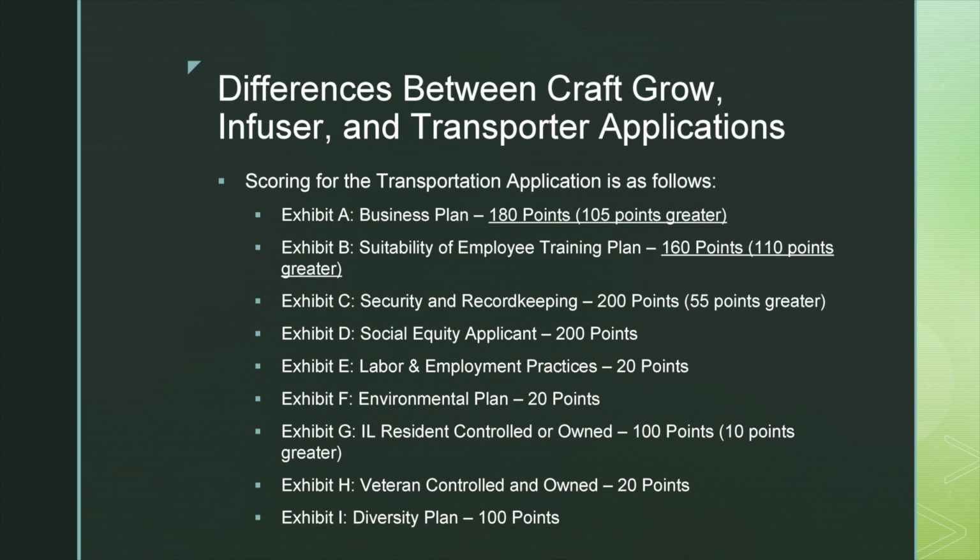Again, you see the similarities with a social equity applicant. 200 points. The labor and employment practices, similar, is 20 points, and so on and so forth. In Exhibit G, you see that there is a greater emphasis for an Illinois resident in the transportation application when compared to the craft grow and the infuser application.